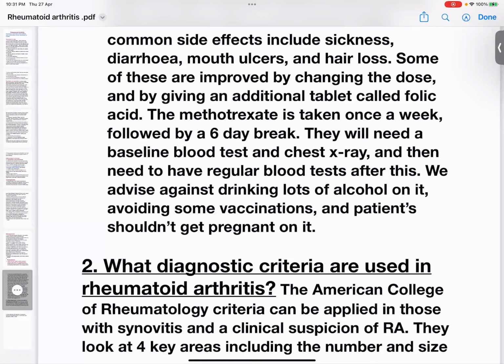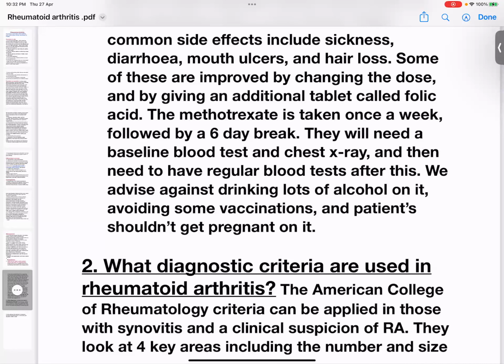Methotrexate is taken once a week, followed by a 6-day break, and they will need a baseline blood test and chest X-ray because methotrexate may lead to pulmonary fibrosis and hepatotoxicity.